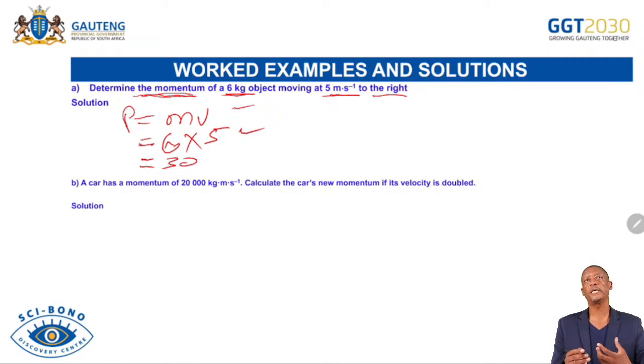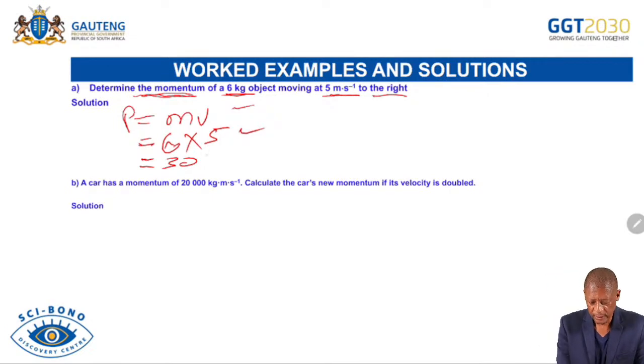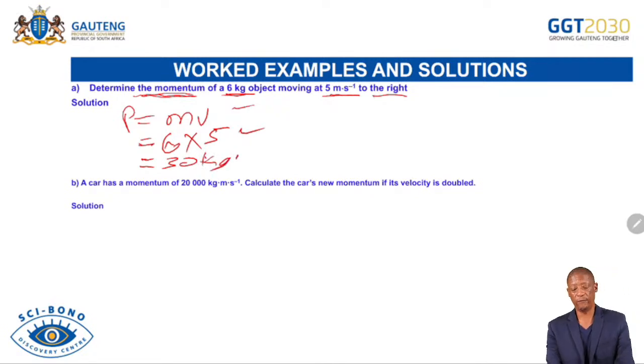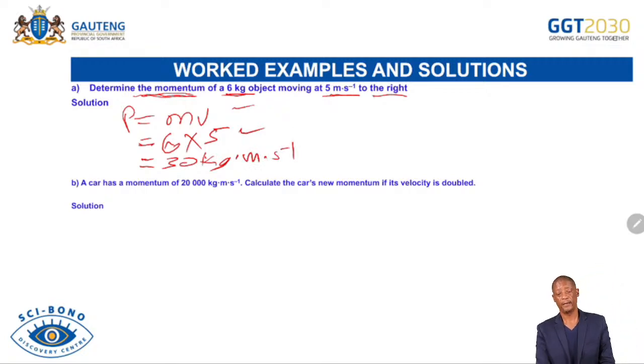Now, we said the SI unit for mass is what? It's kg. Then the SI unit of the velocity, we said, is meters per second. That is the answer. This is correct.